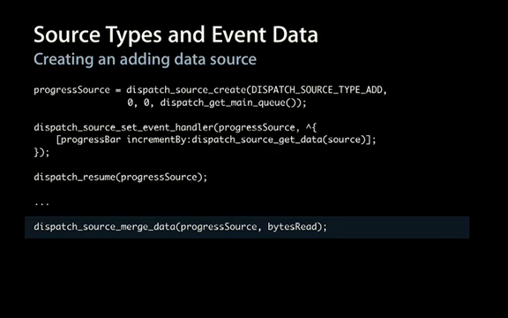And that's going to atomically add that 500 to the data of the source. And then as time permits and the event handler gets called on the main thread, it's going to go and increment the progress bar. So you didn't need to do any locking. It's very efficient, and it's let you, in a wait-free manner, coordinate data from your background operations to your main thread without stalling either side of the pipeline.